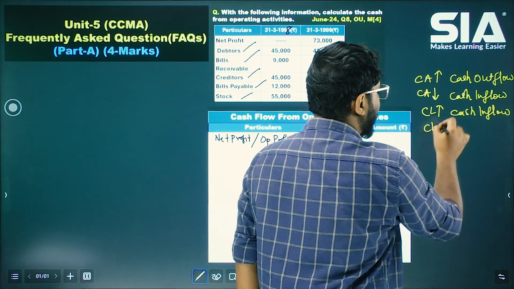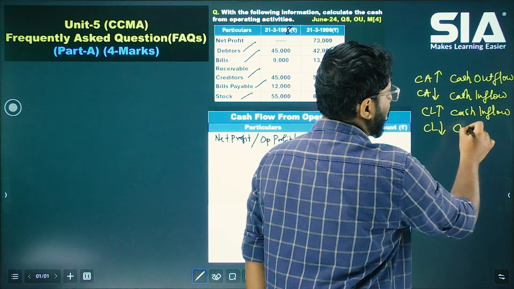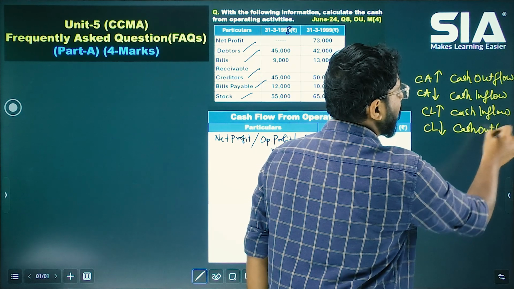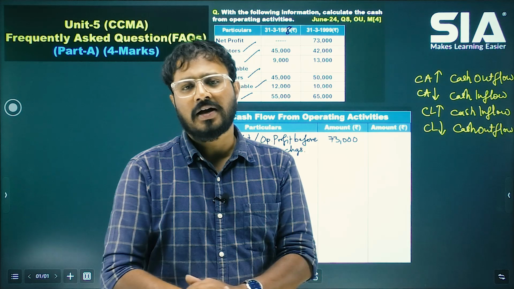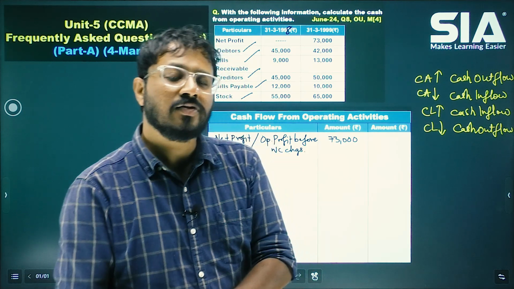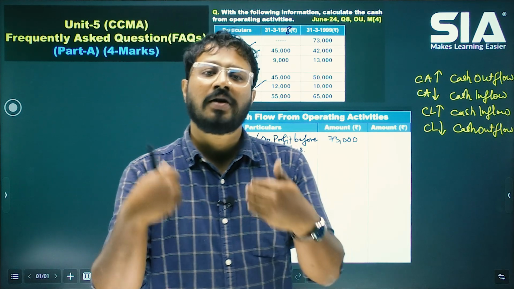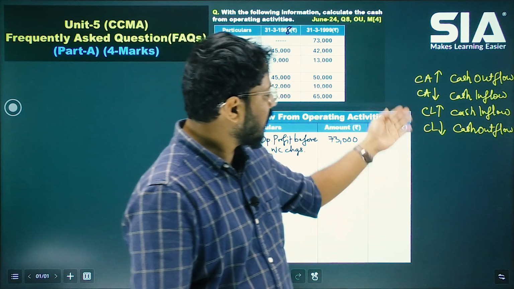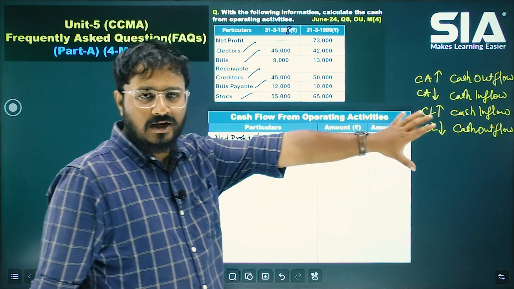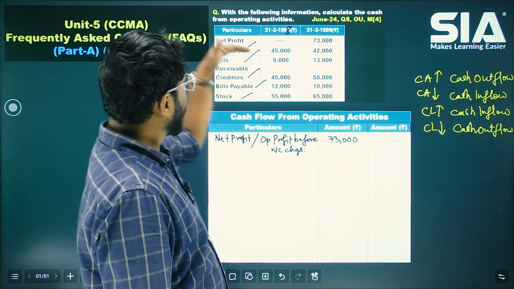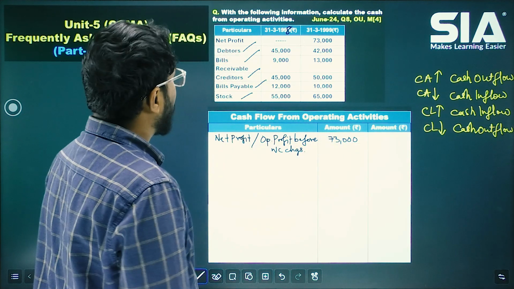If a current liability is decreasing, it is cash outflow. Suppose creditors last year balance is 50,000 and current year balance is only 30,000. We paid 20,000, so cash went out. So with these four scenarios, we will analyze these items.